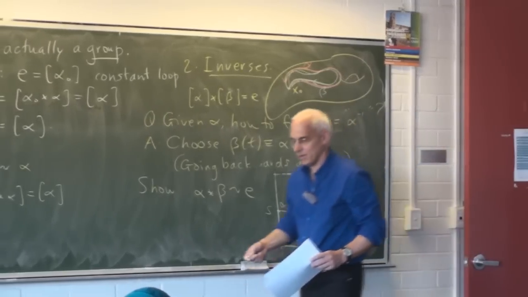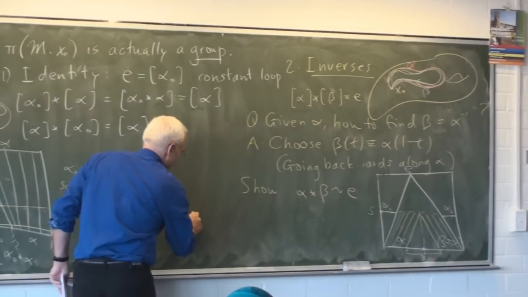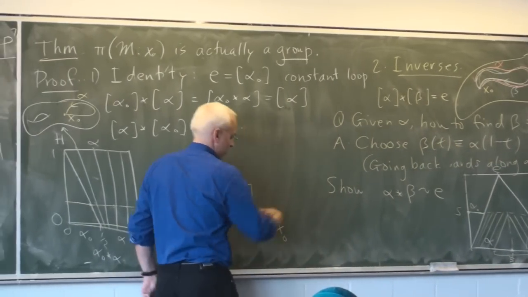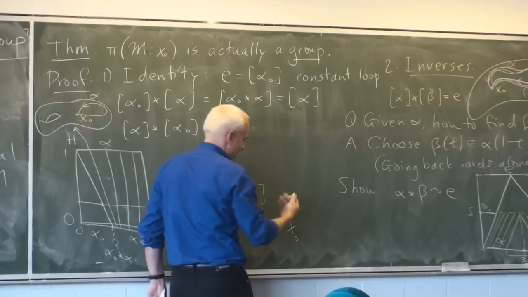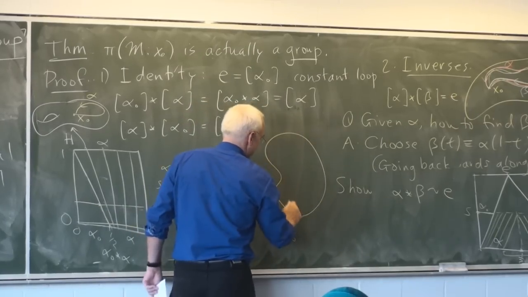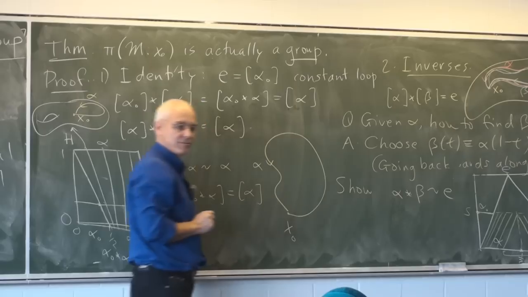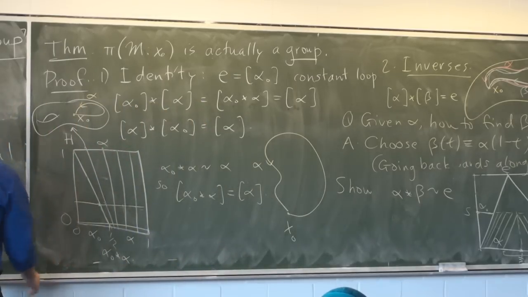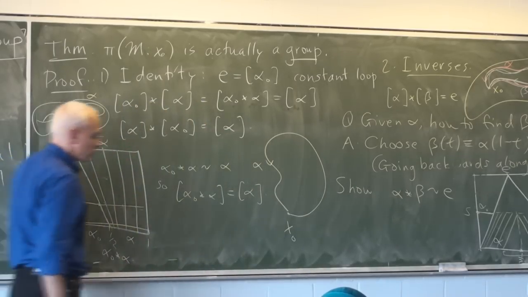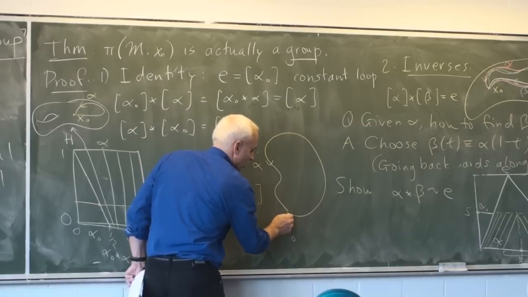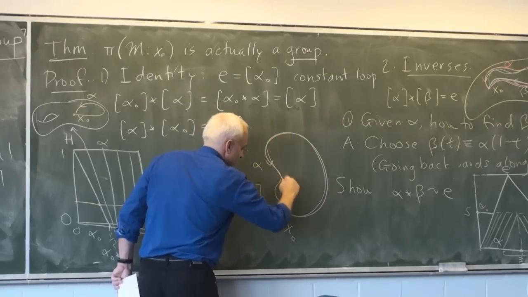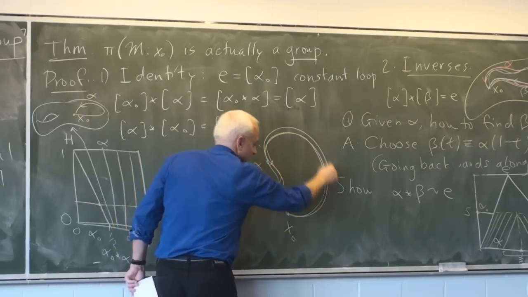So let me show it to you in practice. So here is our point x0. Suppose the board is our surface, and here is our curve alpha. Okay, so here is what this transition looks like. First of all, here's the initial curve. Alpha followed by alpha inverse.